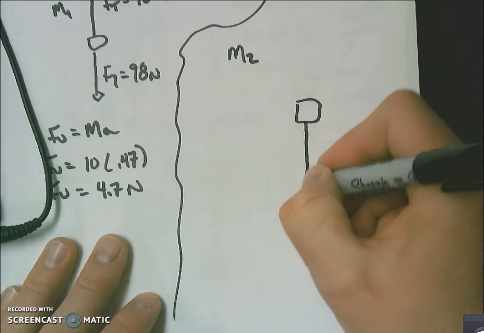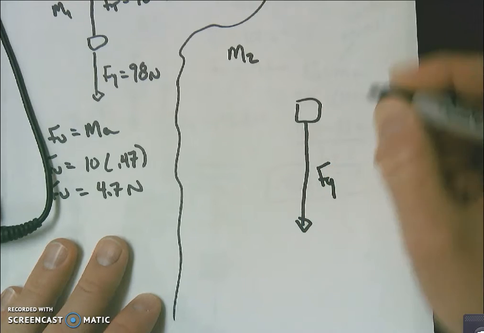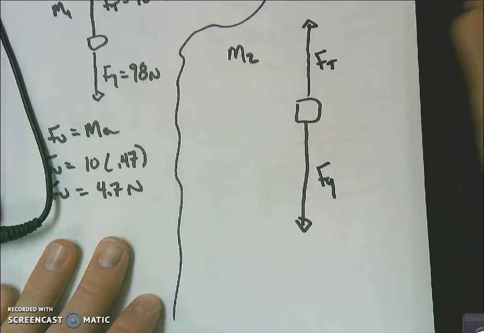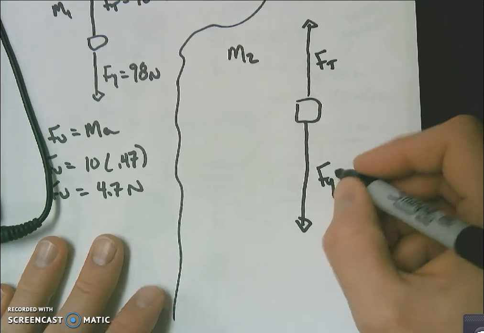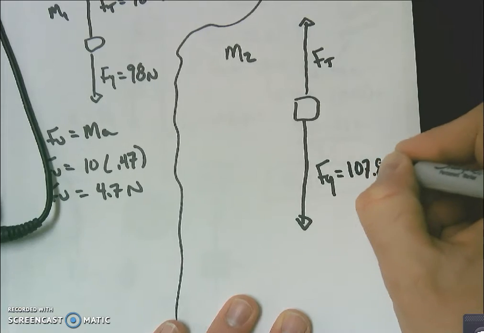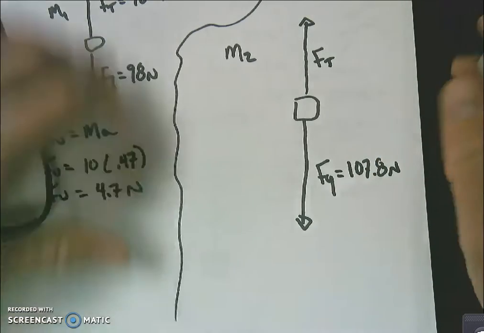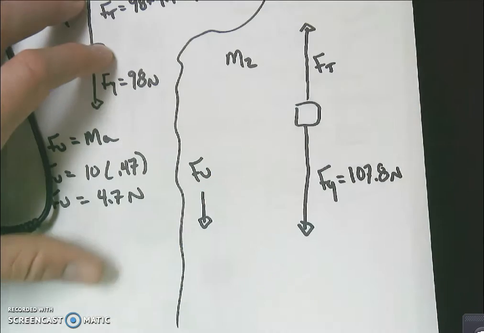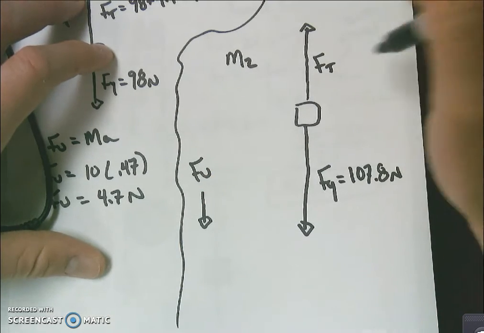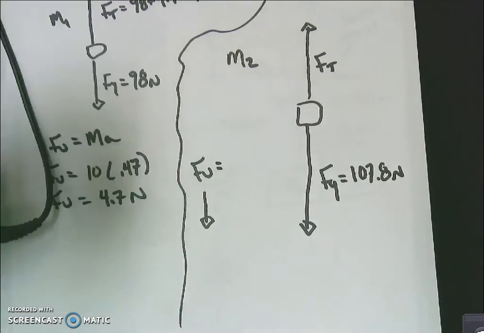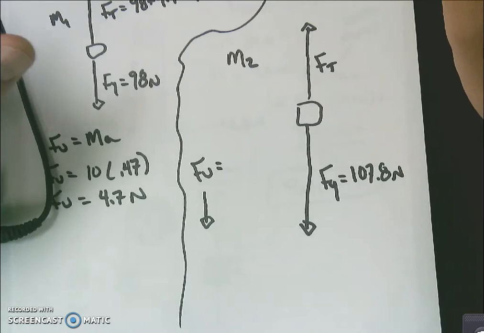Again, remember, force of gravity on this one is larger than the force of tension. Okay, and so we had the force of gravity to be 107.8. And I know this time my unbalanced force is going to be that way. This is going to be larger than my force of tension based off of how we know it's going to move.